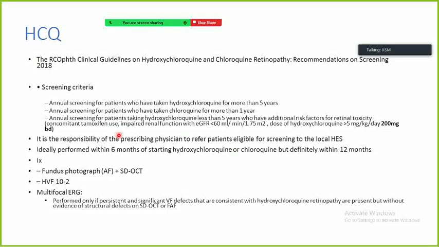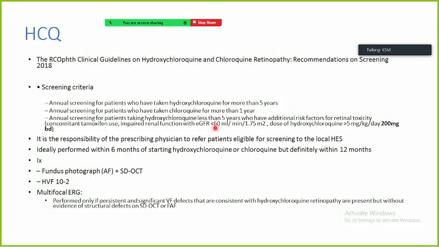Sometimes we are referred patients by other specialists, and one thing is hydroxychloroquine. People are given hydroxychloroquine for various inflammatory arthropathies, arthritis. There are specific guidelines; the Royal College of Ophthalmologists has guidelines.